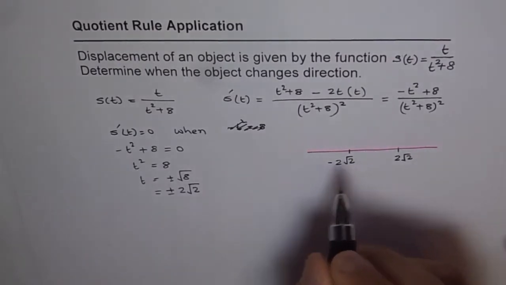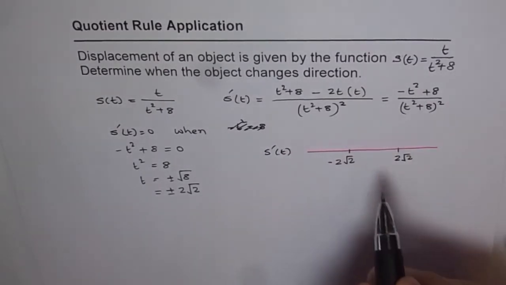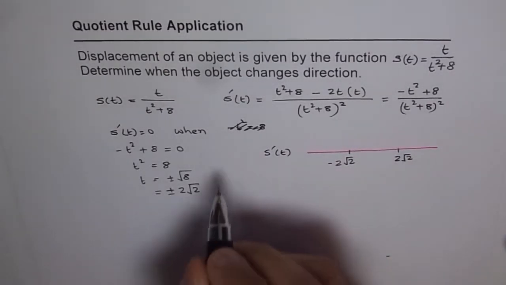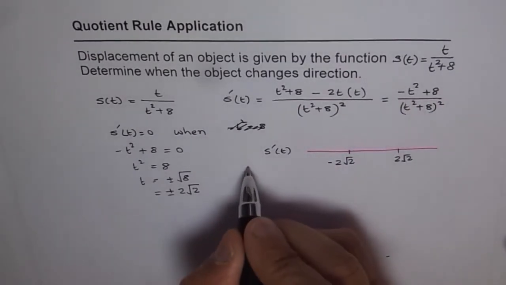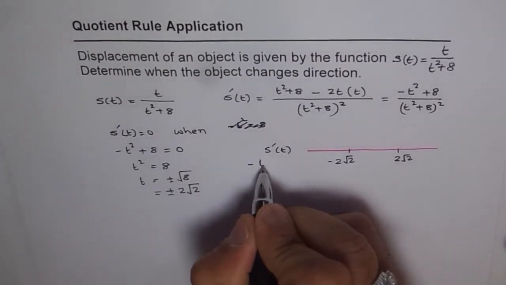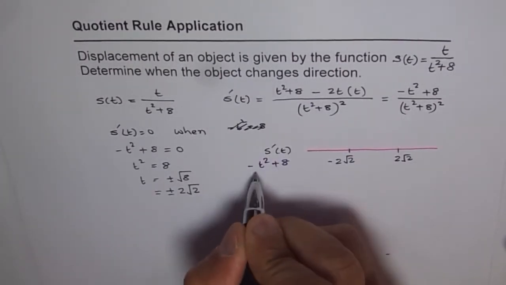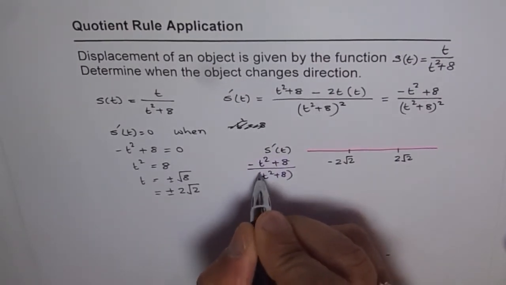Now let us check s dash t, what it is on either side. We know s dash t is equal to this whole function. As you can see, the expression for s dash t is minus t squared plus 8 over t squared plus 8 whole squared.